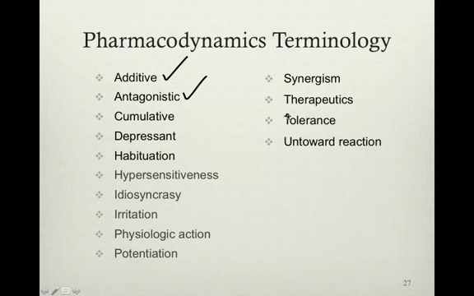Cumulative. The result of repeated doses of drug that accumulate in the body to produce symptoms of poisoning. So cumulative means every time that we add something, we have a little left over from the previous version. So this gives us more bang for a buck, or we had a cumulative effect.